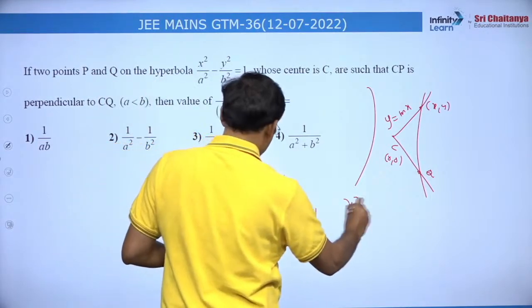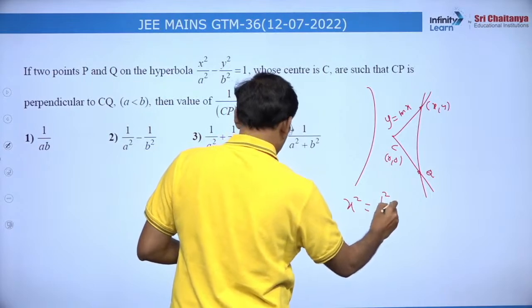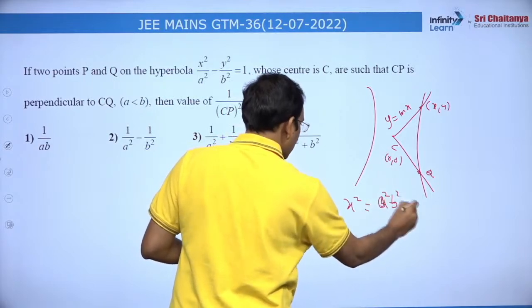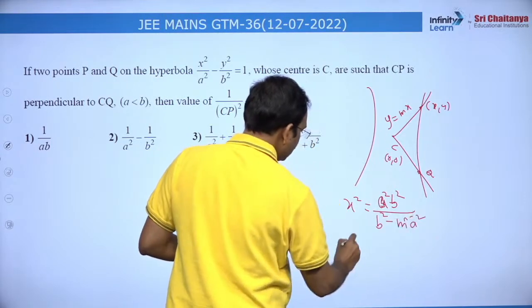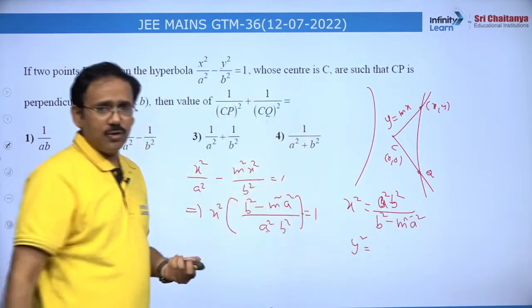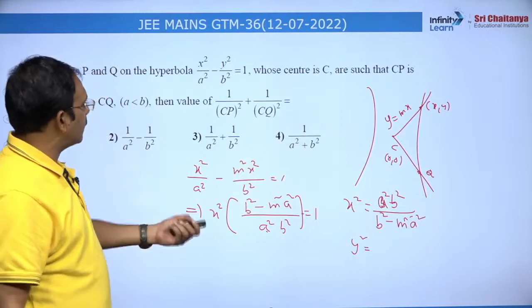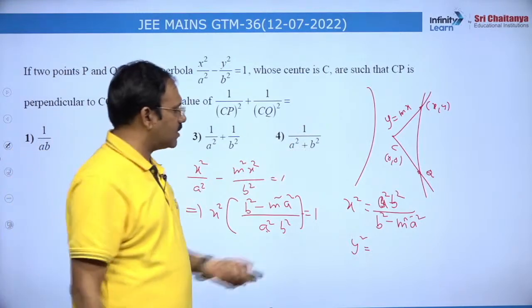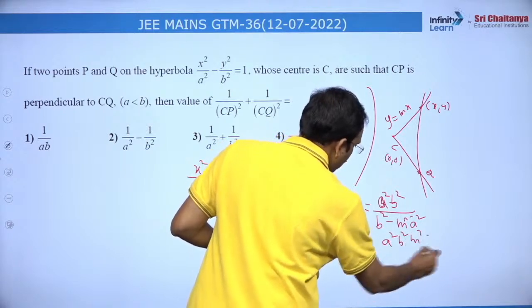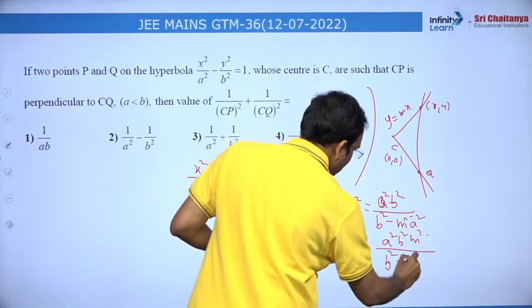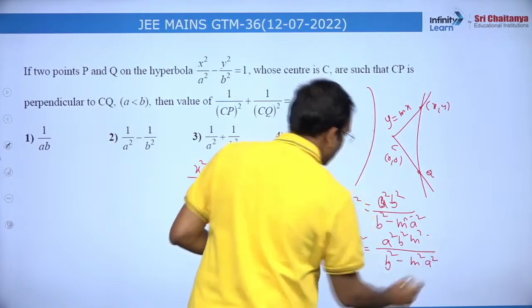So you will get x square is a square b square by b square minus m square a square. Friends, y square you can also get: y square is equal to m square x square, so you multiply this with m square, a square b square m square by b square minus m square a square.